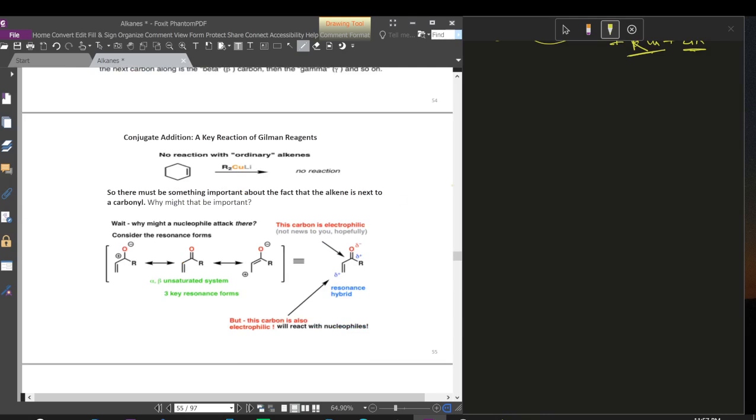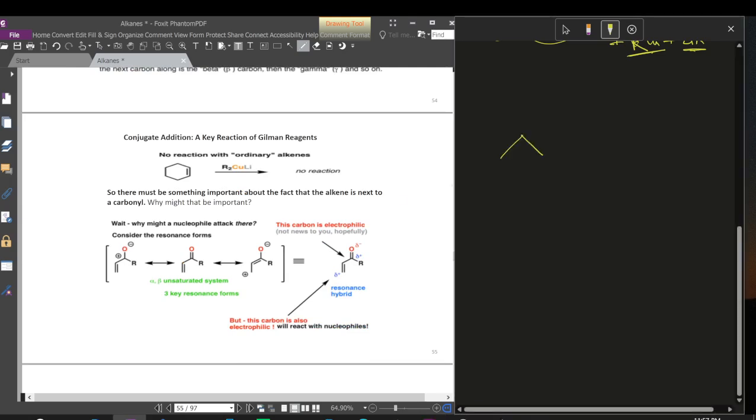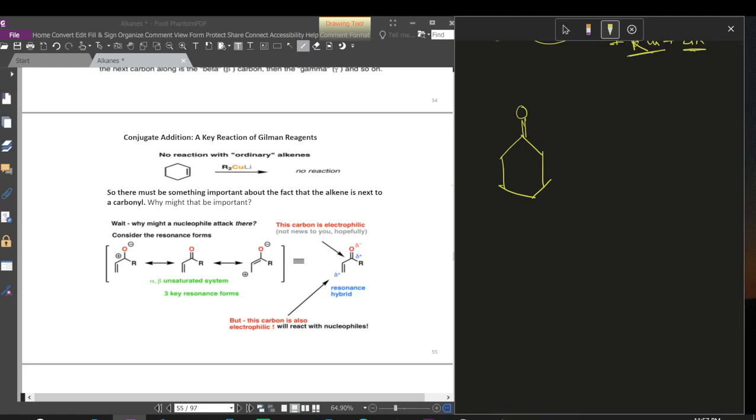So the reason is, we know the resonance, yes. So this is our main carbonyl group. Here you see the electronics: oxygen is more electronegative than the carbon, so the electrons move towards the oxygen, so the oxygen will be negative, and this carbon will lose one electron, so this will be partially positive.